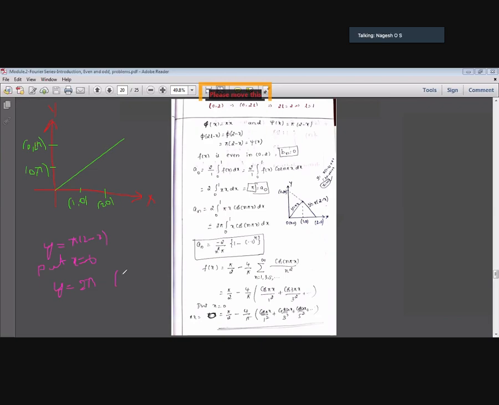Okay, put y equal to 0. We need x, right? Pi gets cancelled.